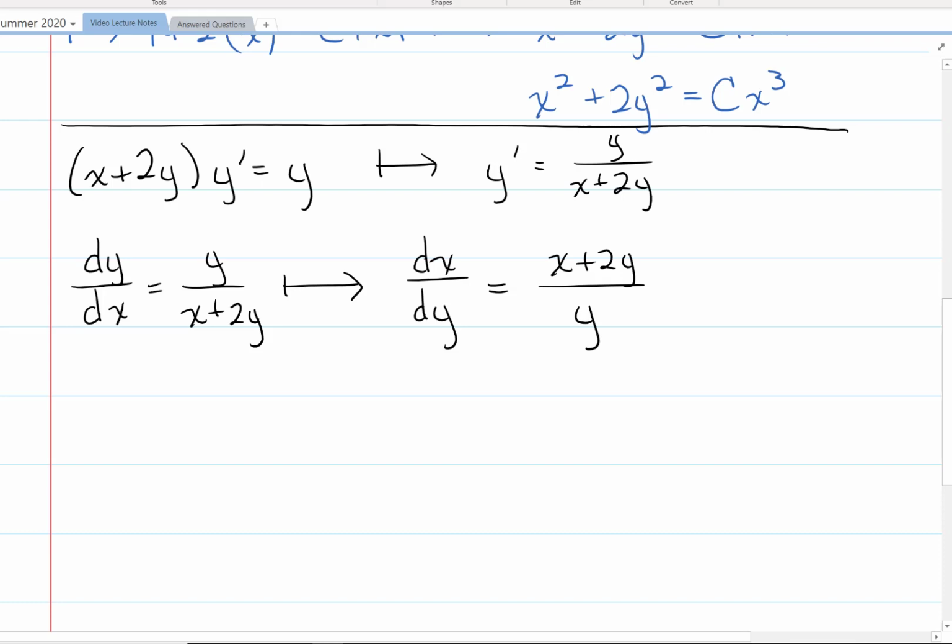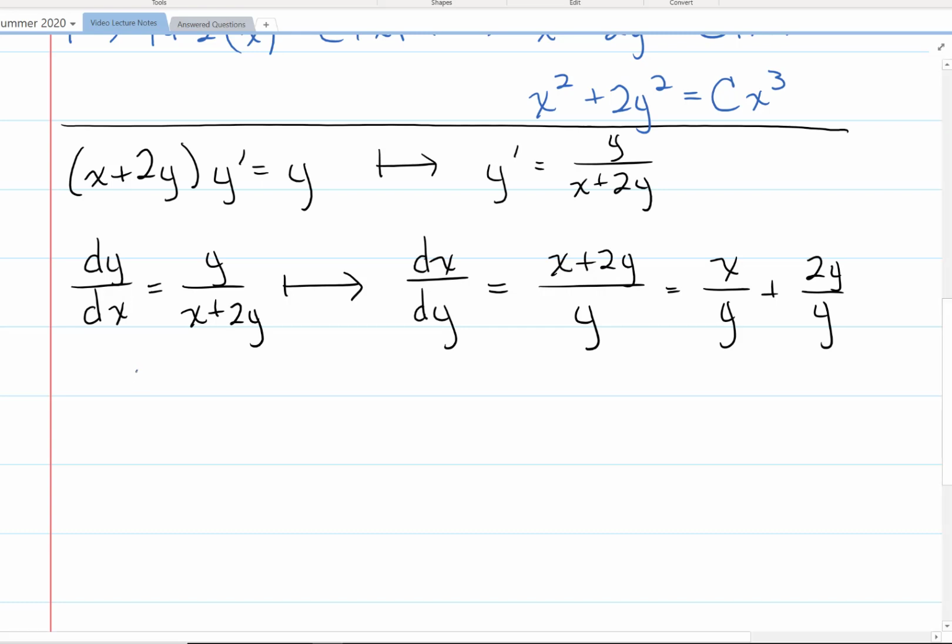X being the variable or x being the function doesn't matter. So look, I've inverted both sides, and now all of a sudden I can play my game, right? 2y over y, or just 2, and now that is an expression in terms of just our substitution, right?